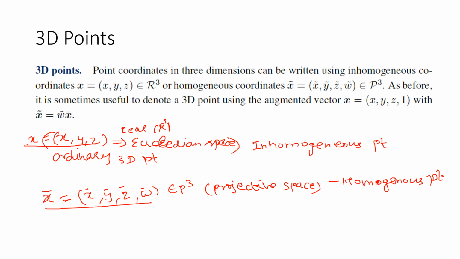So we know how to represent an inhomogeneous point and a homogeneous point. For example, we may need to convert inhomogeneous to homogeneous or homogeneous to inhomogeneous. Inhomogeneous to homogeneous means x, y, z has to be converted to x, y, z with an additional parameter, let us consider it as 1.